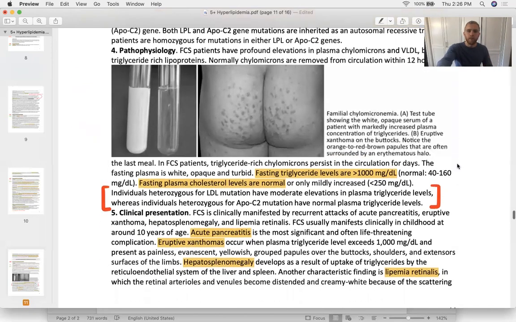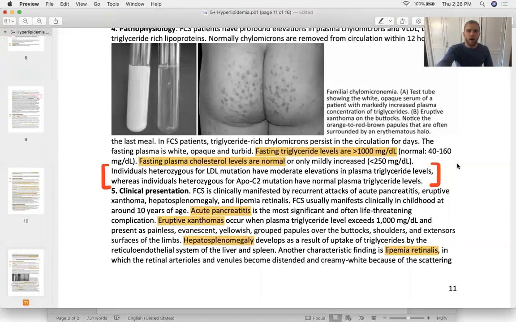So the clinical presentation of familial hyperchylomicronemia is going to be fasting triglyceride levels through the roof with normal plasma cholesterol levels. And that's because this disease only affects chylomicrons, and chylomicrons are produced by your gut, and cholesterol particles are produced by your liver.